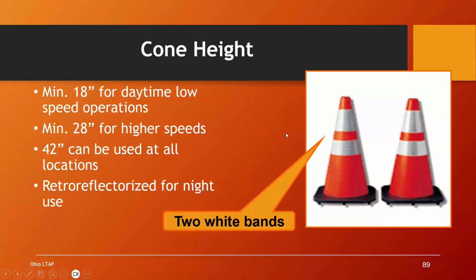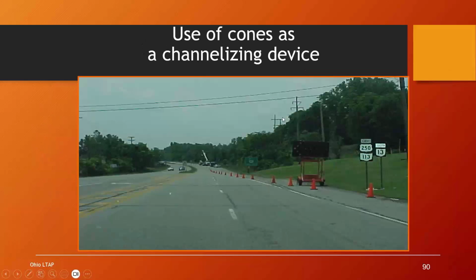All of these are retroreflectorized for night use, but also just to help them stand out during the daytime. You shouldn't be using cones that don't have the bands of retroreflectivity anymore. Here's an example of the old style of cone.